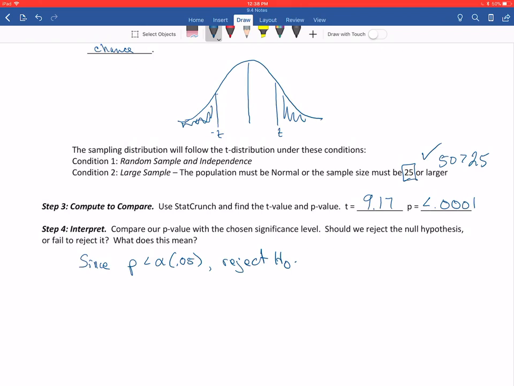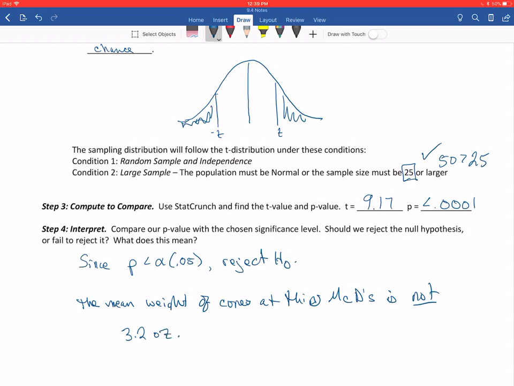Our null was that the mean weight is 3.2. We're rejecting that idea. We're instead going with the idea that the mean weight of cones at this particular McDonald's anyway is not 3.2 ounces.